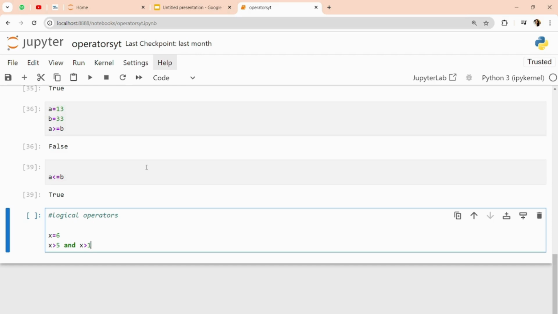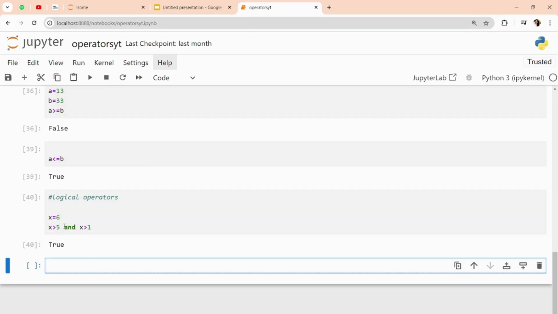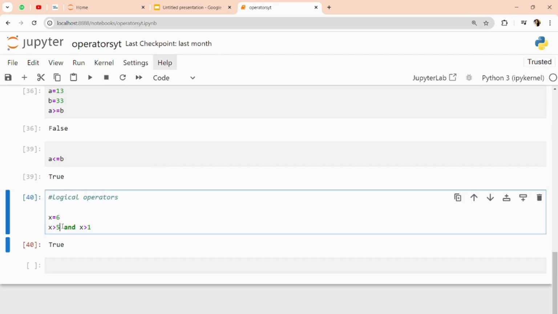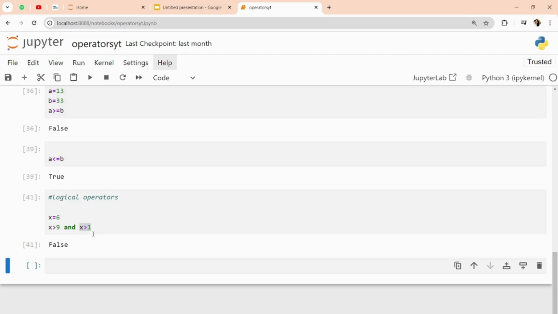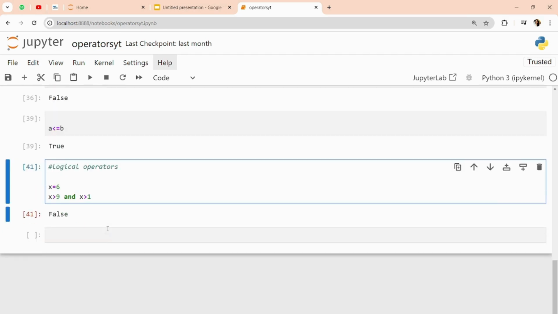Is 6 greater than 1? Yes. So it should give you true. It gave you true. But if I say x is greater than 9, is 6 greater than 9? No. But 6 is greater than 1. AND means both conditions must be true, but here one condition is false and one is true, so it will give you false. So that is the AND operator.